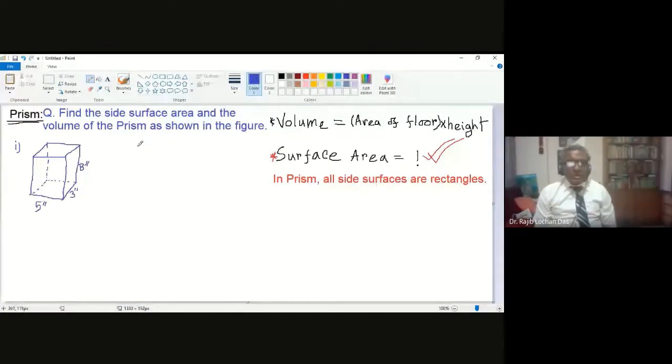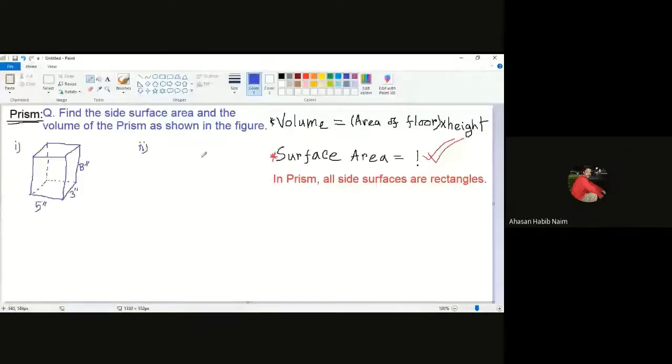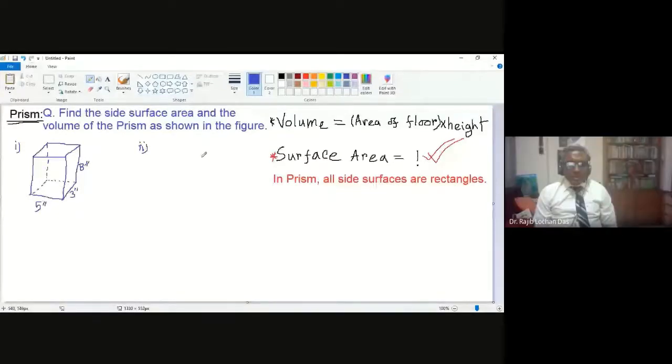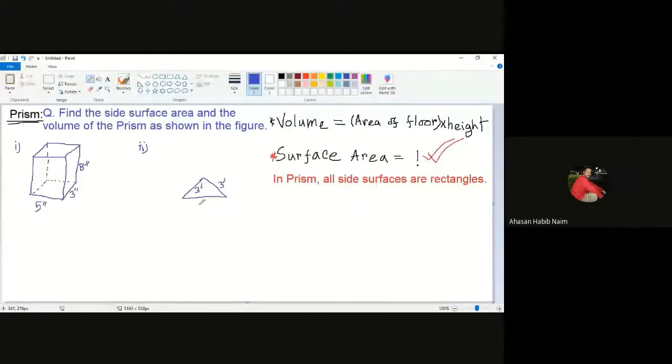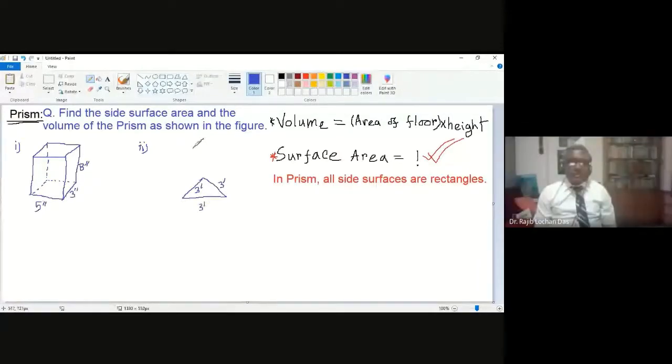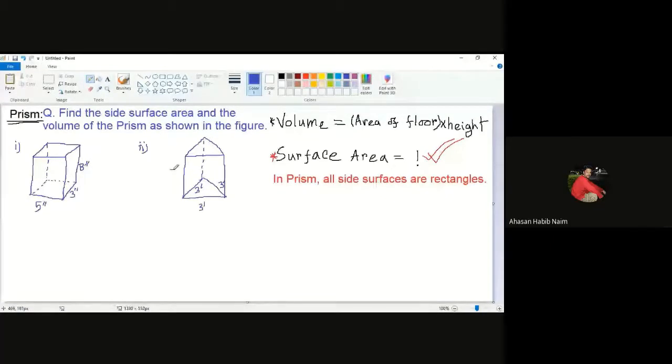Second question is, say the triangle is 3 foot, it is also 3 foot, all 3 foot, and the same triangle you have in the top, and you have the side lines like this, and the height is given like, say it is 7 foot. Now what to do?